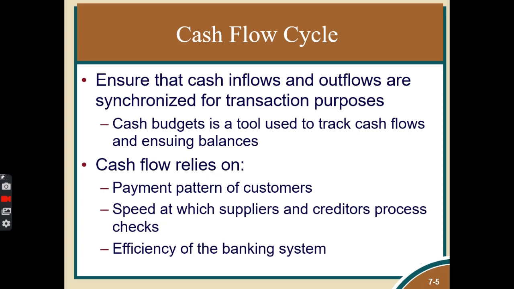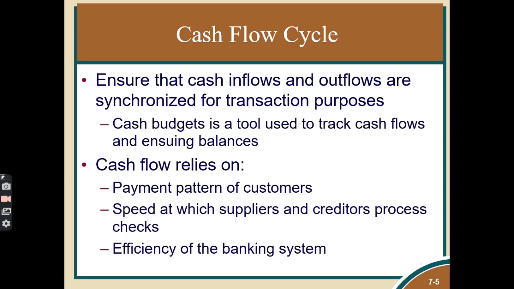So we need to ensure that cash inflows and outflows are synchronized for transaction purposes, meaning whenever we have cash and we invest that in inventory, or we place that to purchase inventory, we need to make sure that the succeeding processes, such as the sales process, the collection process, and the payments process, are in sync in order for our cash plans or cash budgets to be able to materialize.